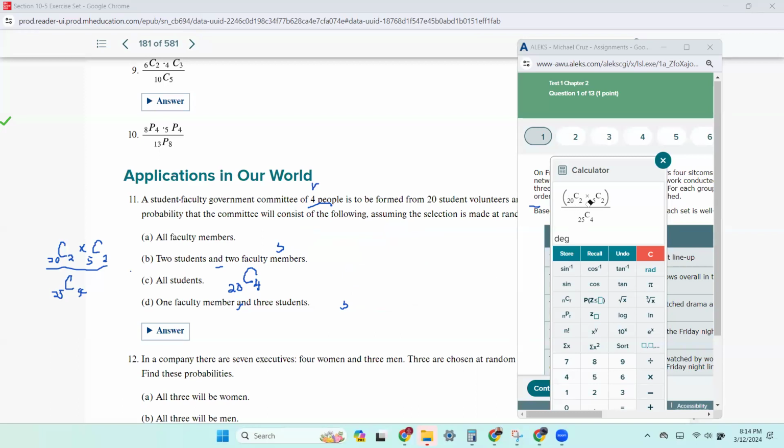In the numerator, you've got the 2 things you got to deal with. The 2 students come from the 20 student volunteers. The 2 faculty members come from the 5 faculty members on that committee. And then the denominator is the 4 being picked from all of them blindly. And so 0.150.